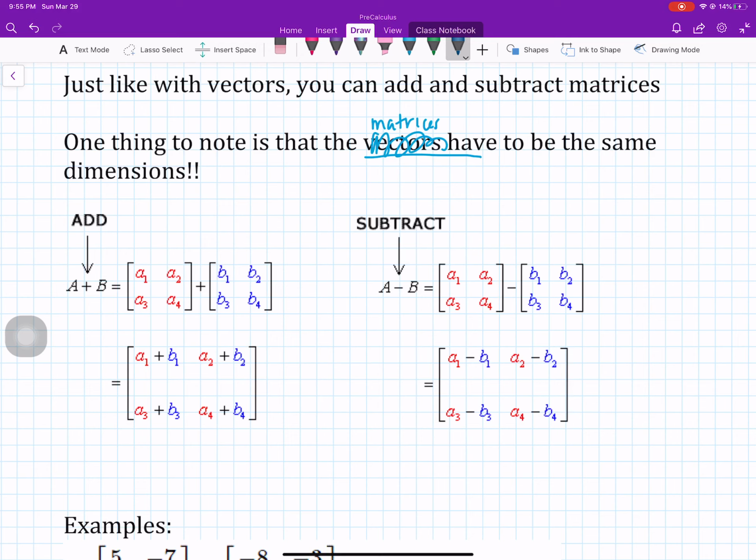If you want to add matrices, all you have to do is add the numbers in their corresponding positions. So position 1 with position 1, A4 with B4. And the same with subtraction. Just make sure you watch your negative signs. When you subtract two matrices, you are subtracting the numbers in the exact same position.